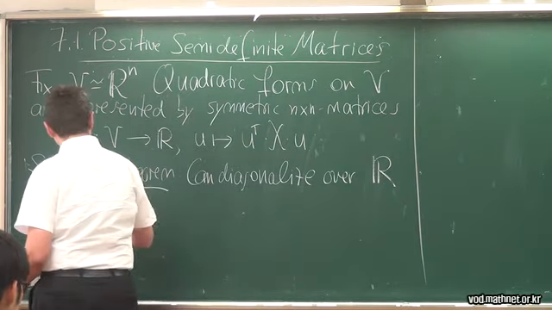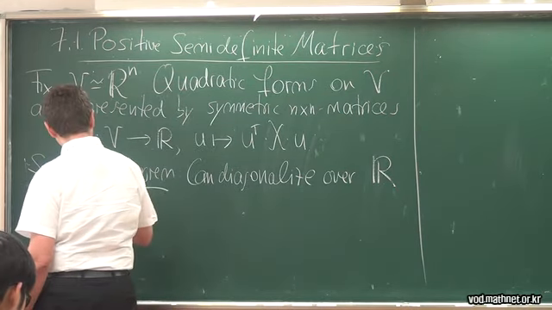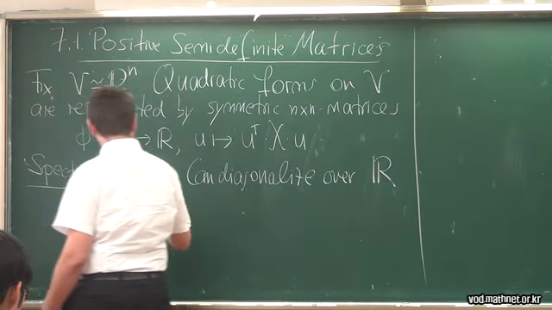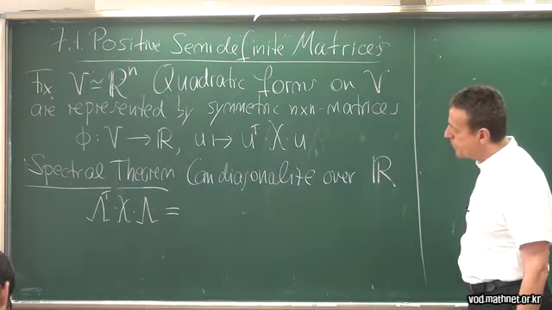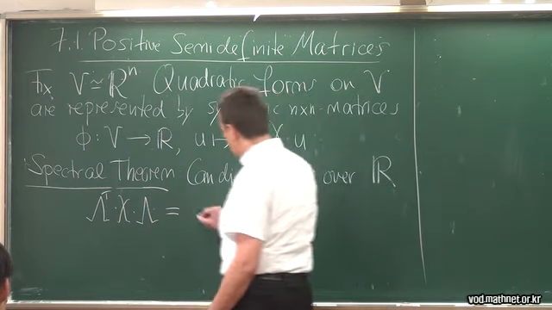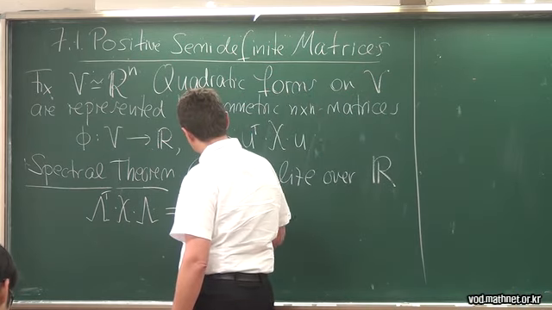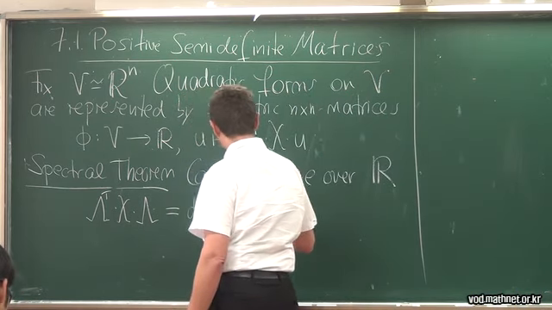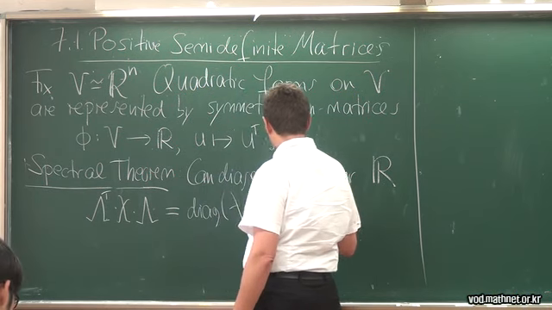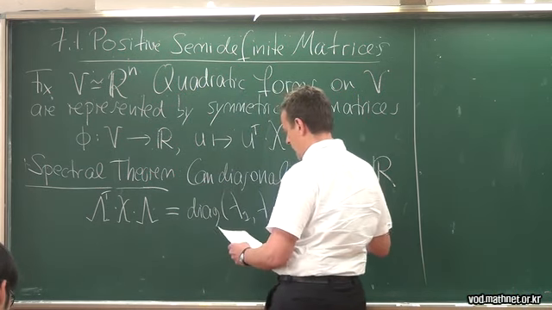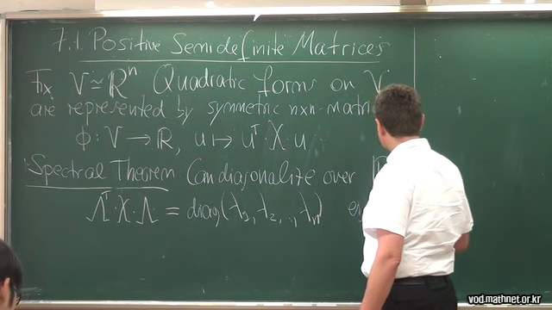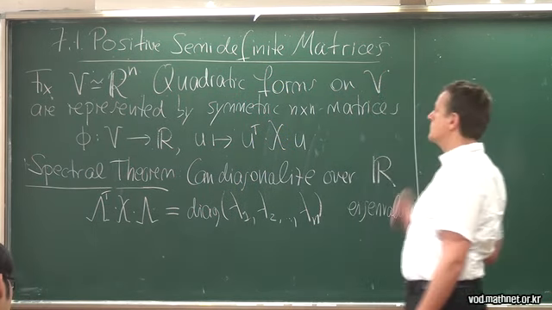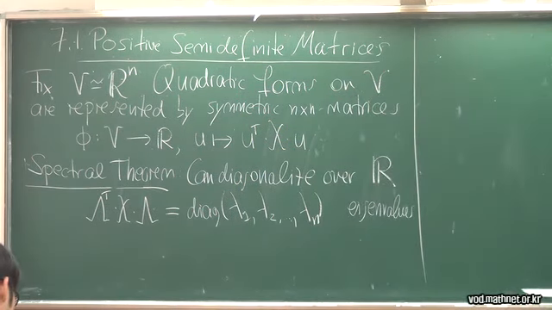So I'm going to write lambda for the matrix that diagonalizes X. So lambda transpose times X times lambda is a diagonal matrix. On the diagonal we have lambda 1, lambda 2 up to lambda n, and those are the eigenvalues, and these are real numbers. They are in our real closed field.